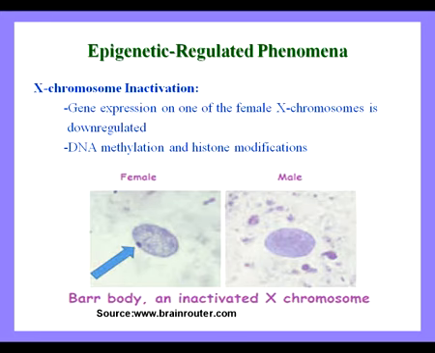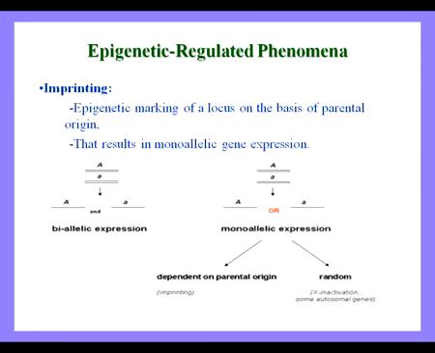X chromosome inactivation, as you can see here, is the Barr body. Gene expression of one of the female X chromosomes is downregulated, which becomes an isolated chromosome and becomes a Barr body, and it is the expression of DNA methylation and histone modification. Imprinting is epigenetic marking of a locus on the basis of parental origin that results in monoallelic gene expression.